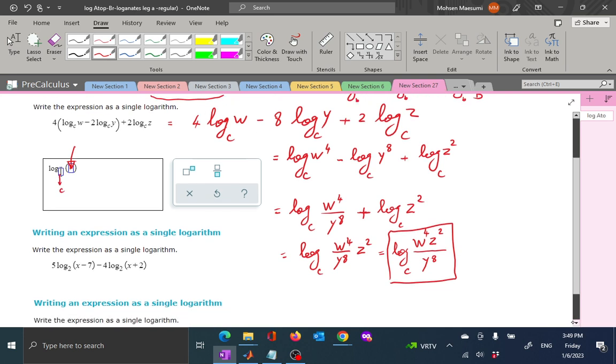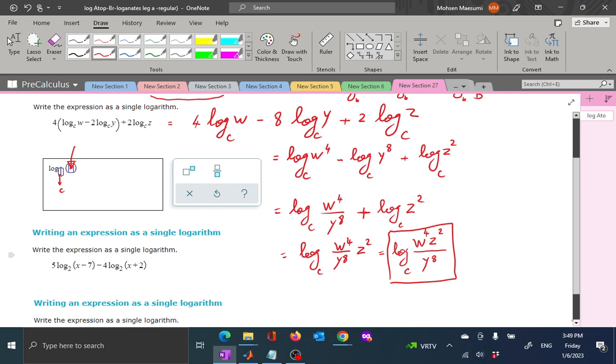Now, important thing is not to go overboard. This logarithm of x minus 7, as we said, there is no simple rule for that. There's nothing you want to do here. You've got to wait until calculus 2 to see some fancy rule and the so-called Taylor series expansion and such. Right now there's nothing to do. We just have 5 is going to be exponent, 4 is going to be exponent of that, and the subtraction means, well, you're taking the ratio.